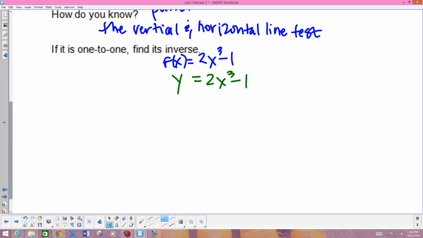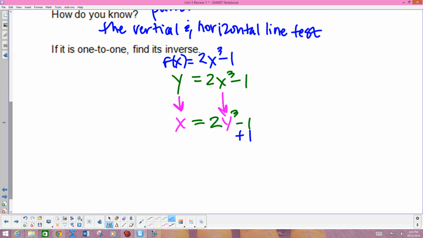Now I want to find the inverse. So y becomes an x, and the x becomes a y. Now solve for y.